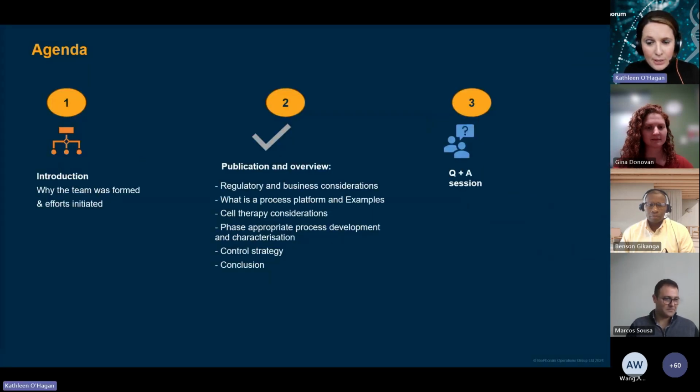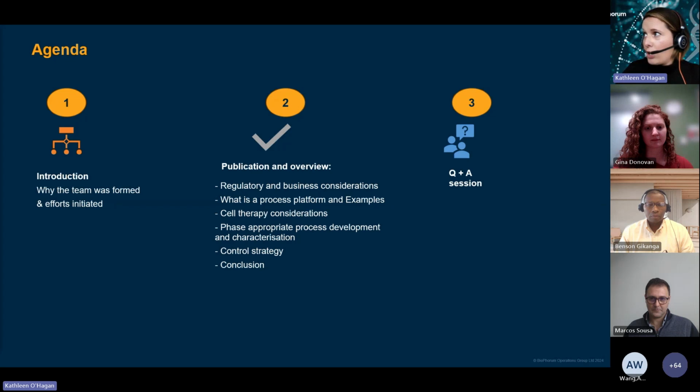The purpose of this webinar is to showcase a recent publication from the ATMP Forum, and the output that this team has produced will be discussed and showcased. In terms of the agenda, we'll start by introducing the team that produced the work. We'll give some background on why the team formed and the goals of the team.